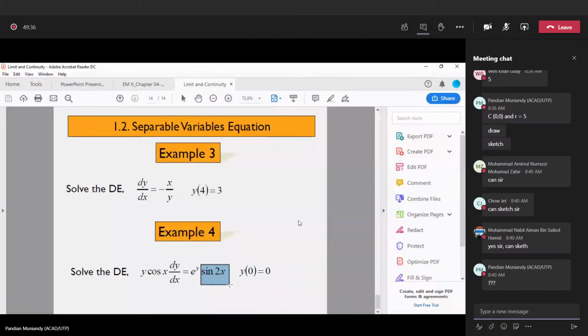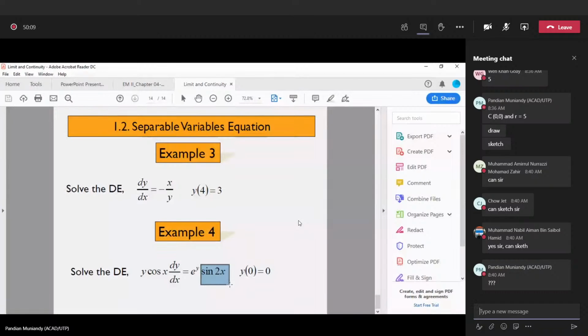So you will get uv, minus y e^(-y), minus integration of v du, minus e^(-y) dy. Now, minus y e^(-y) minus e^(-y) plus c.